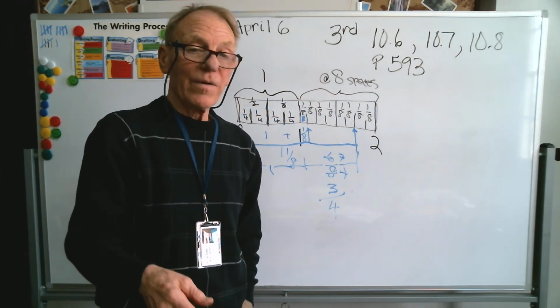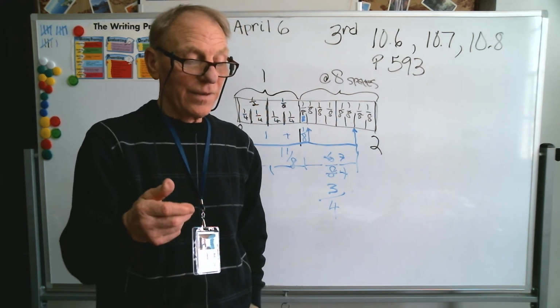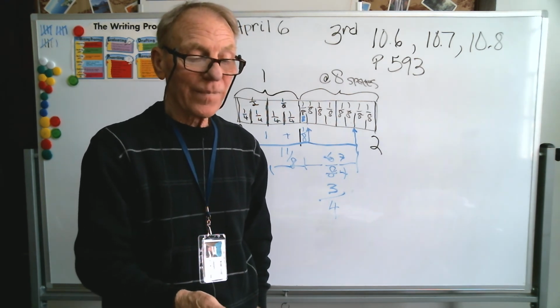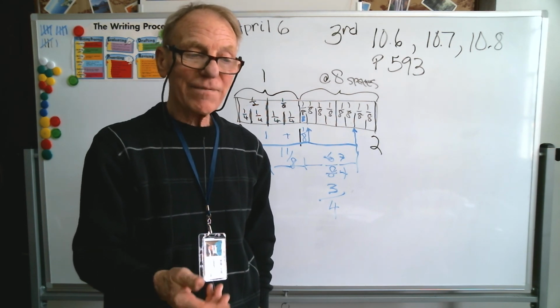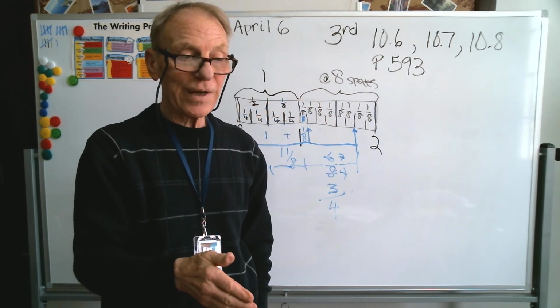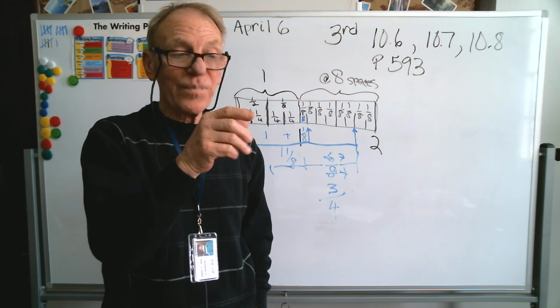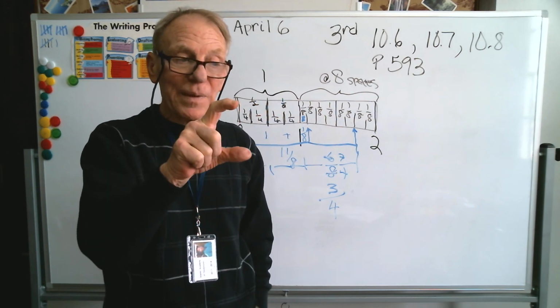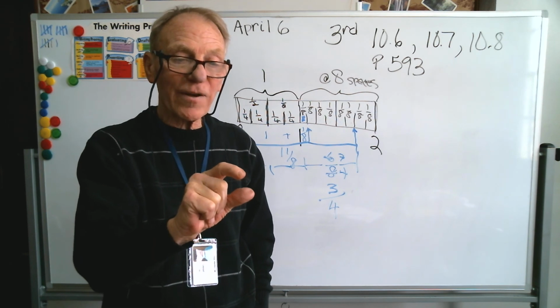Now, get yourself a ruler, look at the book, measure those things, get familiar with the markings that are on that ruler so that you know whether it's a 1/2 inch line, which is the longest line, the 1/4 inch line, which is a little bit smaller, or the 1/8 inch line, which is even smaller still.